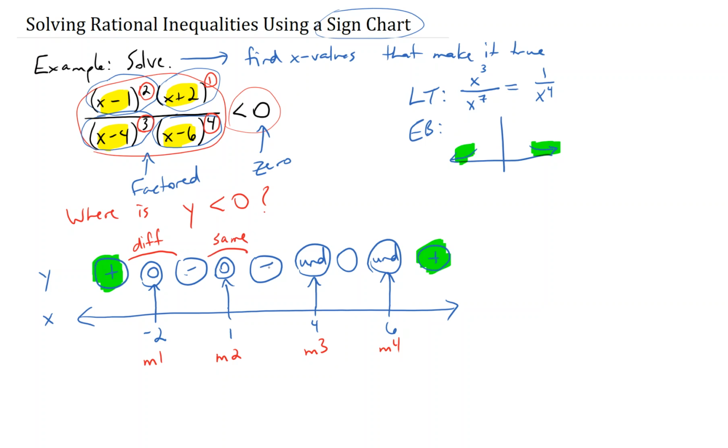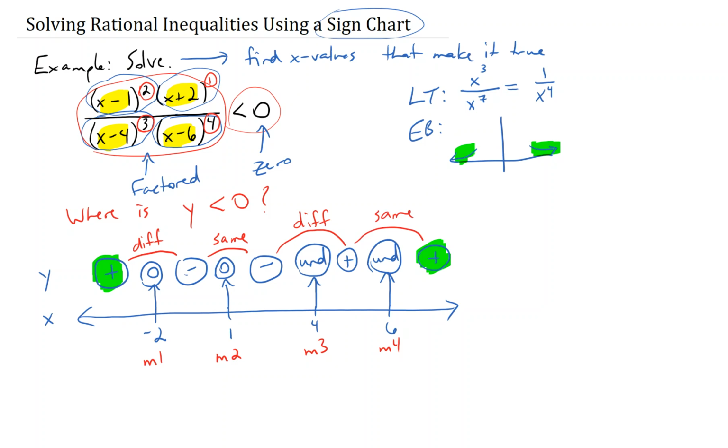So this has to be a minus. 4 has an odd multiplicity. These signs have to be different. So this has to be a plus. 6 has an even multiplicity. These signs have to be the same, and they are. So that's a good indication that we probably did okay there.